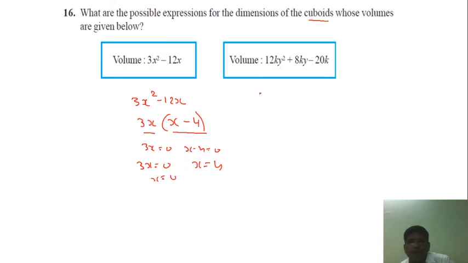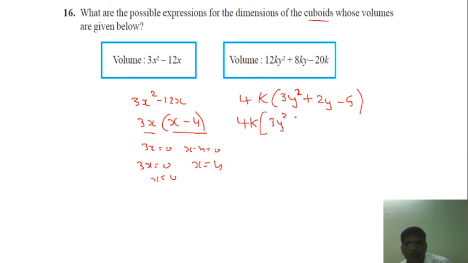Now here k is common, with 4 also common. So in the bracket what I would write is 3y square plus 2y minus 5. Factor of 10 to get 5 minus 2. So 4k, 3y square plus 5y minus 3y minus 5. I have to write 5 and 3; 5 3s are 15. Factor of 15 is 3 into 5, 5 minus 3 is 2.